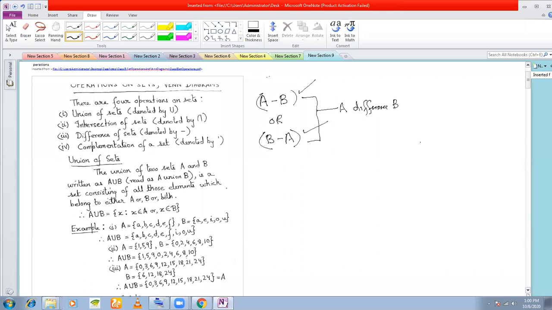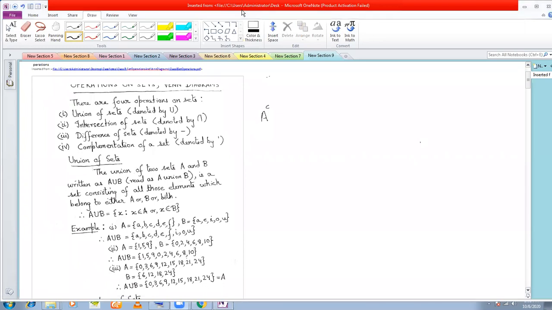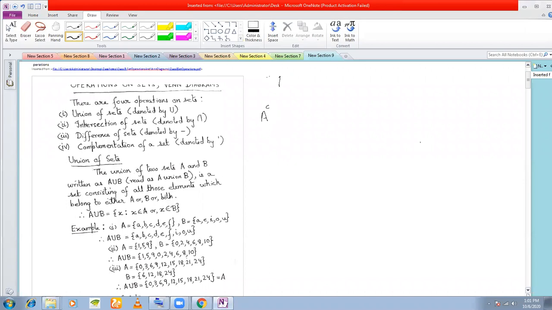Next operation is the complementation operation, the complement of a set. Now the complement of a set is denoted by three symbols. You can either use A with superscript C, A complement, or sometimes it is written as A dashed.